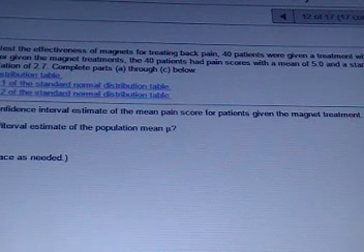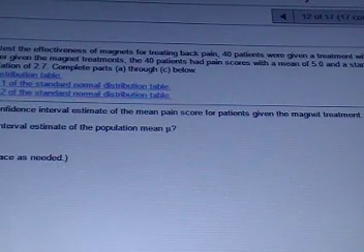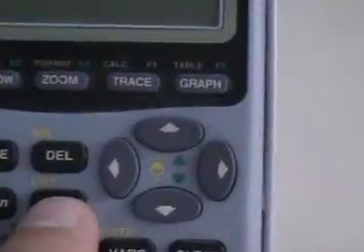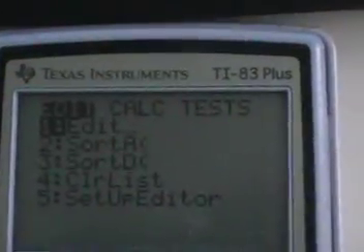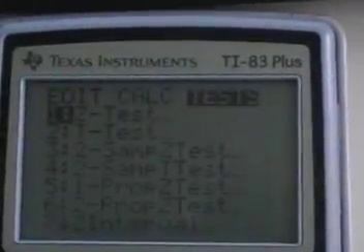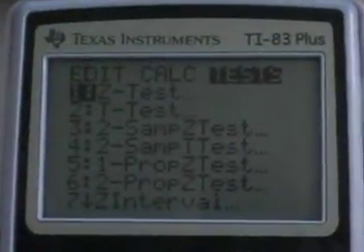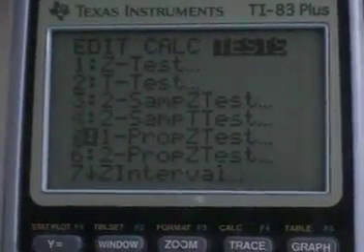First, they want a 90% confidence interval for the ones that got the magnet treatment. And this is a mean because they got mu here in the middle. And you can do this in your calculator since the data is given. You can go to Stat and Tests. And we did all these tests in Chapter 8 and 9. Go back to Chapter 7.